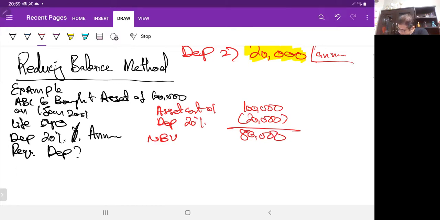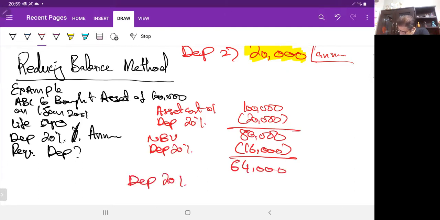Okay, 80,000. Depreciation is 20% again, 16,000. 80,000 into 20% is 16,000. So 80 minus 16 we get 64,000. Then we have depreciation 20%, 12,800.